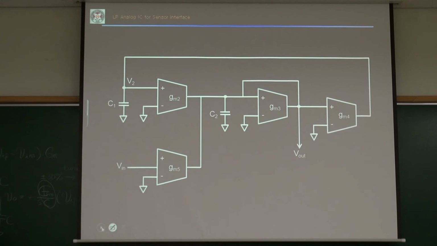Okay, no question then. Yeah, what is this thing? I have an input here, and then I take output there. So I have two integrators, right? So I have two capacitors. So this should be a second order GMC filter.